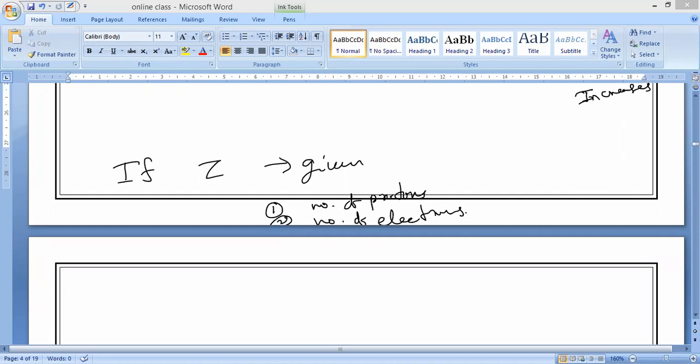Second one, it will tell us the number of electrons in one atom of the element.